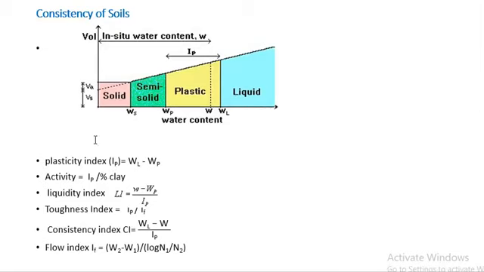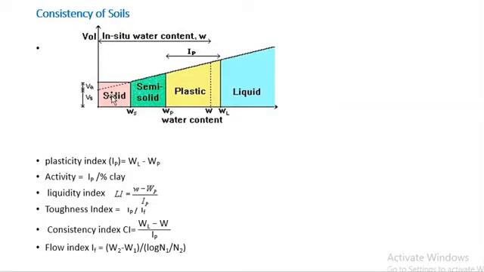Consistency of soil. As you can see in this figure, first concentrate on the solid. In this solid, it's not completely saturated, meaning the void is partially filled with air and water. As you can see here, there is V_a, meaning volume of air, along with volume of water and volume of solid.